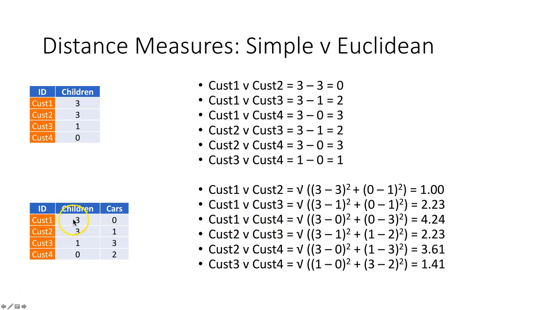Customer 1 is a type of person with lots of kids, no cars. Customer 4 is the one with no kids and relatively more cars, although not the most. But you can see how the Euclidean distance now accounts for each dimension in this formula. So I could add in as many dimensions as I wanted to, or as many features or variables, and just include them here in this formula, 3 minus 3 plus 0 minus 1 plus whatever minus whatever squared, and so on, and take the square root of the whole thing.